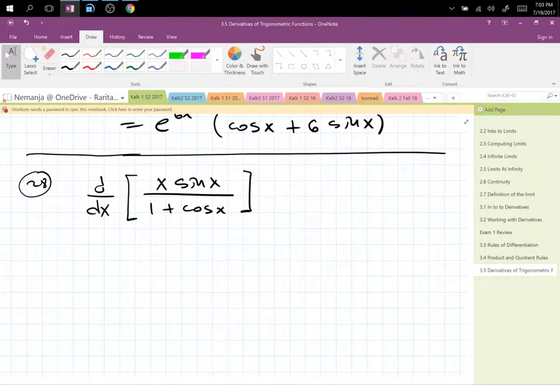Since I have x and sine x, how do I incorporate the product rule? So this is another one of those problems where you have to do the product rule within the quotient.